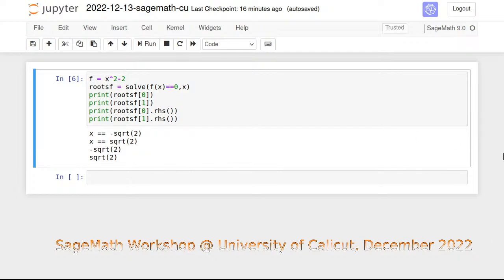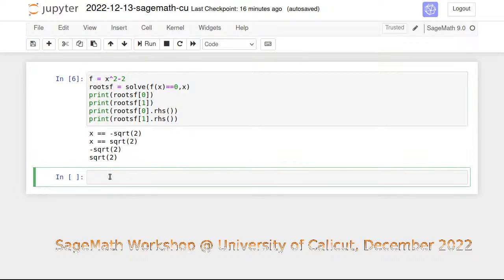No, SageMath for calculus. So the next problem is actually taken from SageMath for calculus. I think this TM is trademark, SageMath, that's enough.